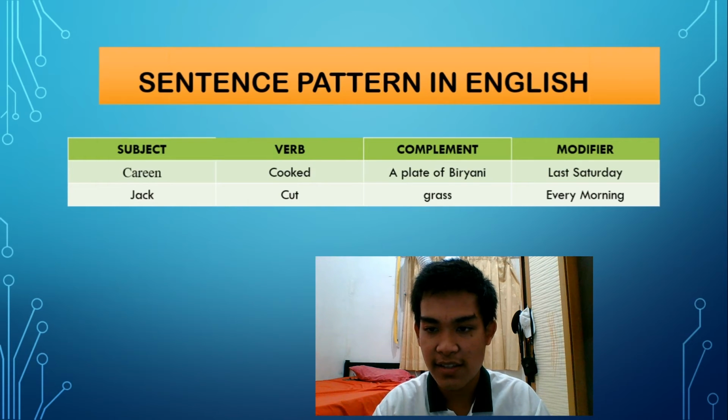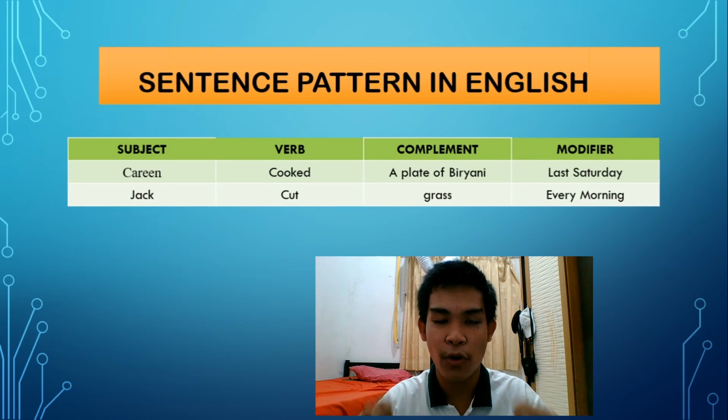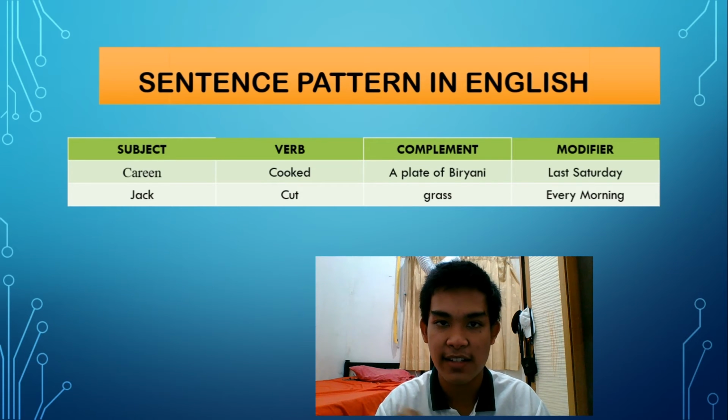Okay, and the second is modifier. Modifier is timeline. It is usually used to explain when the agenda or the event happened. It could be last Saturday, last night, and etc. We could say the modifier in time, such as 7 o'clock, 9:30, and etc.